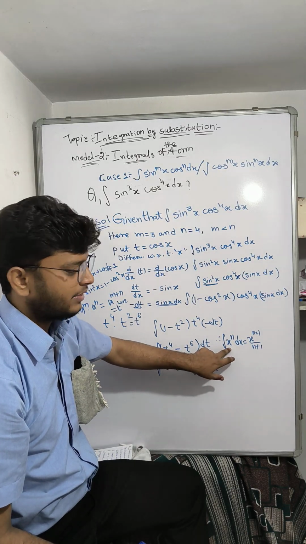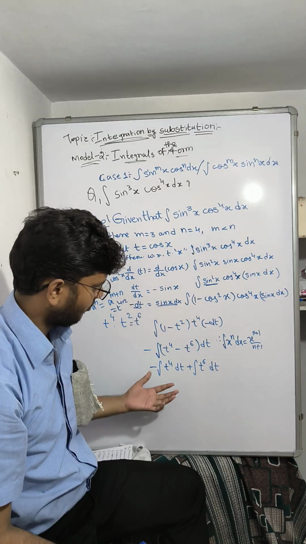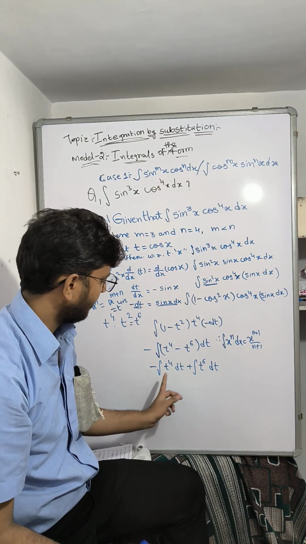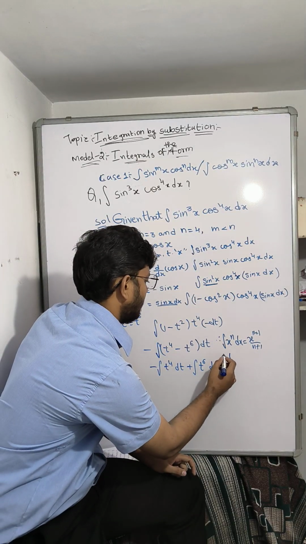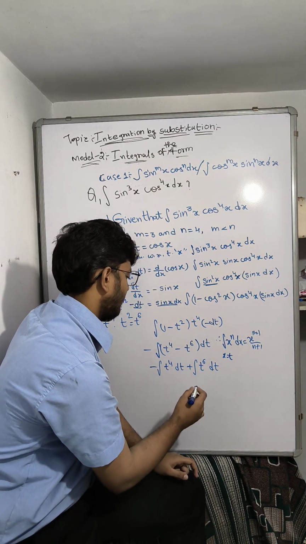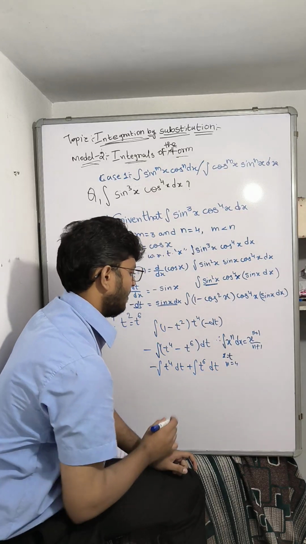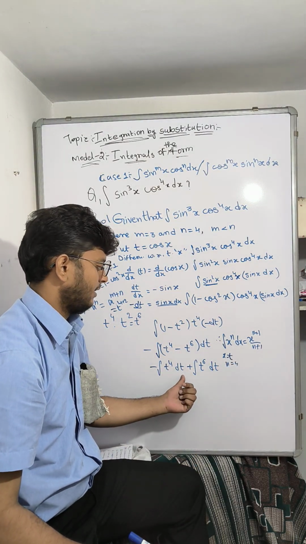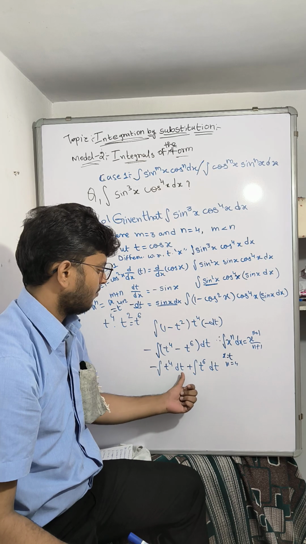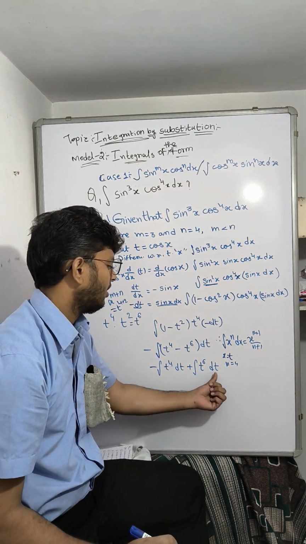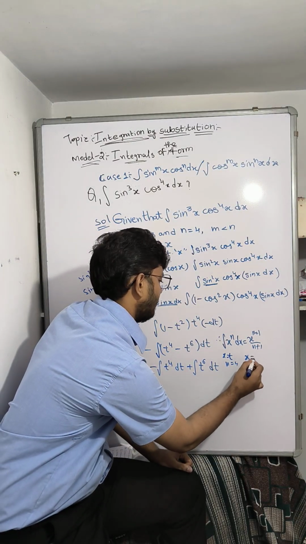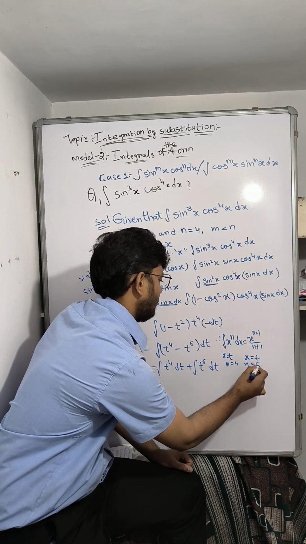Compare this formula to this one. Here, what is x? x is t, n is 4 and dx is dt. It is in the terms of t, as the formula is in the terms of x. Now here also x is t, and n is 6.